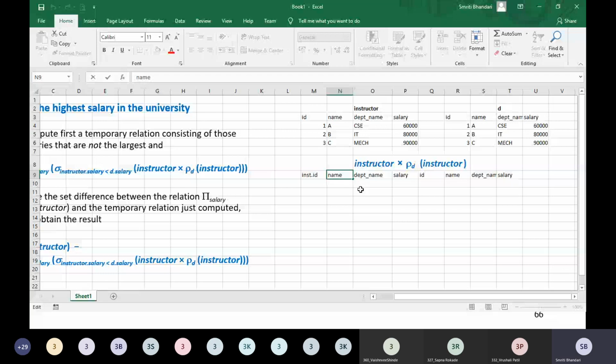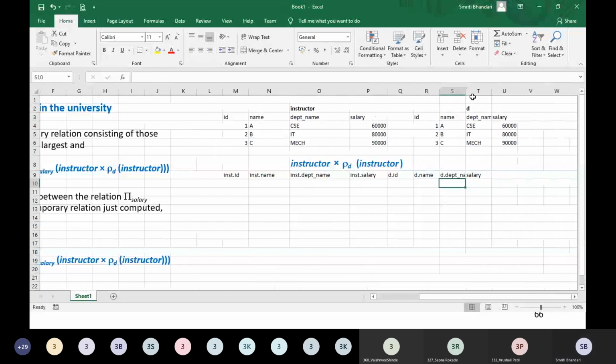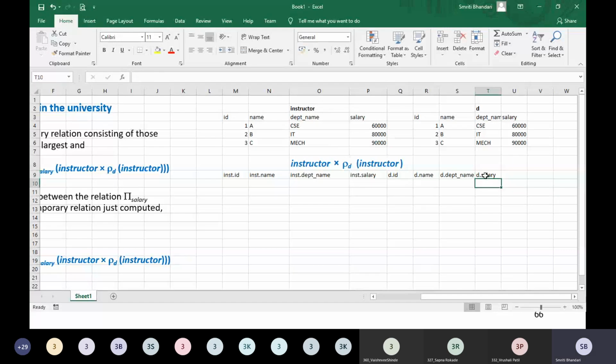Okay, and similarly we are having these 4 attributes also in the cross product for relation D. So D.id, D.name, D.department name, and D.salary. 4 and 4, 8 attributes we will be having in this cross product.